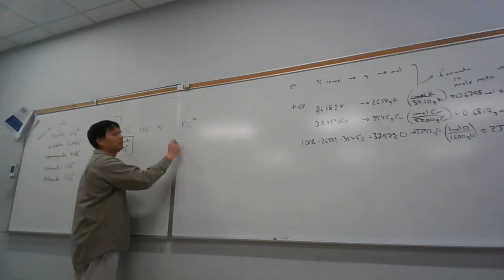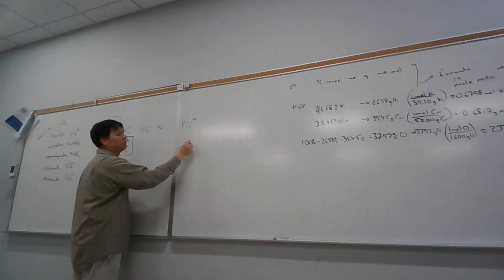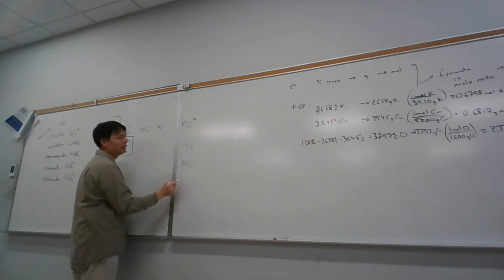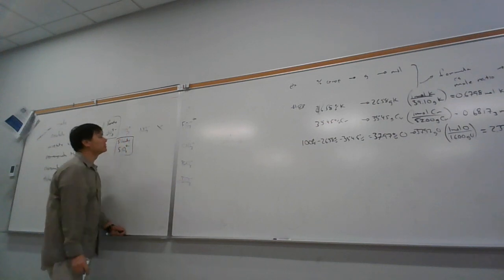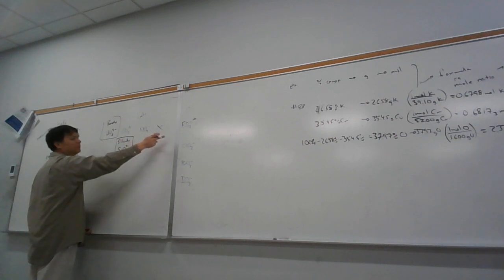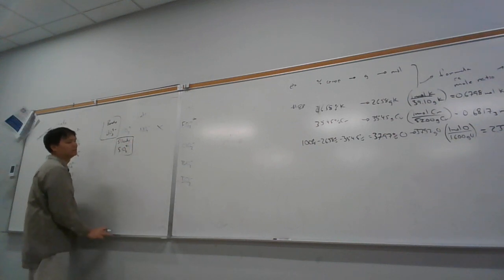But chlorate's okay. What is chlorate? ClO3 minus. And then bromate, BrO3 minus. And then iodate, IO3 minus. So these are all the -ates: carbonate, nitrate, fluorate, chlorate, bromate, iodate, etc.